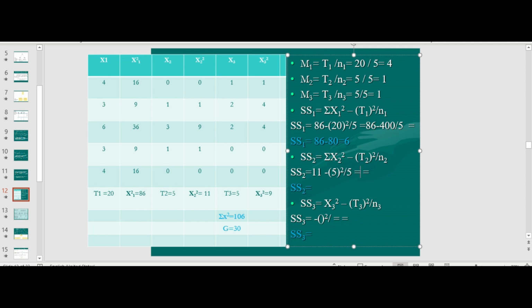So 11 minus the square of 5, which will be equal to 25, and we will divide 25 by 5, which will be equal to 11 minus 5, and equal to 6.